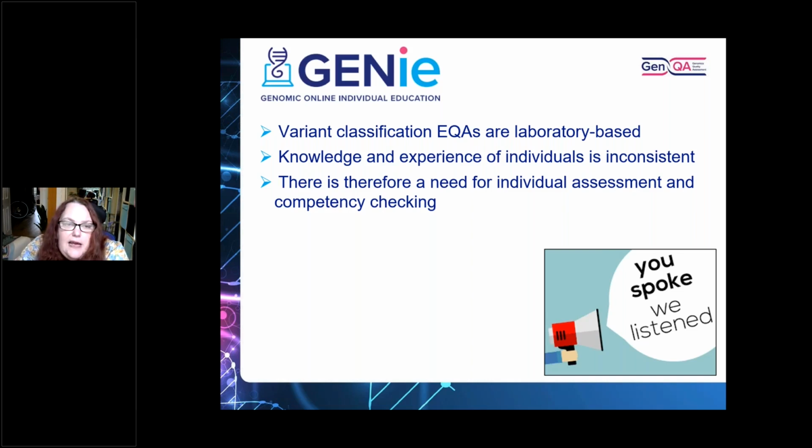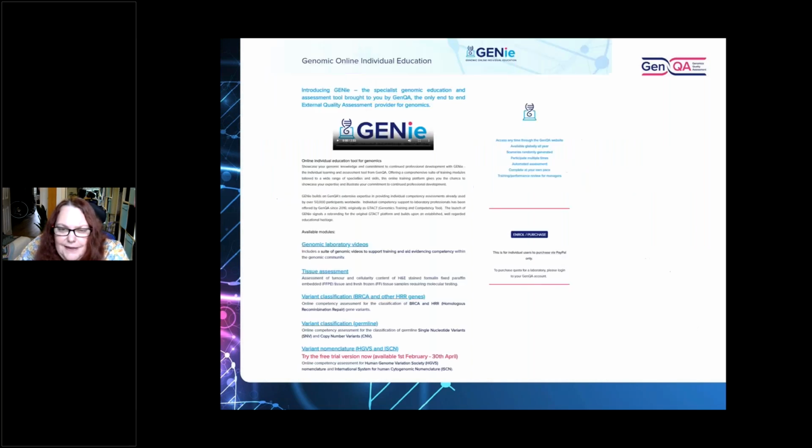And because of that, GenQA has introduced GENIE, the Genomic Online Individual Education platform. The next slide, please. And we've been working at trying to bring individual education, to look at the competency that an individual has in aspects of laboratory medicine.